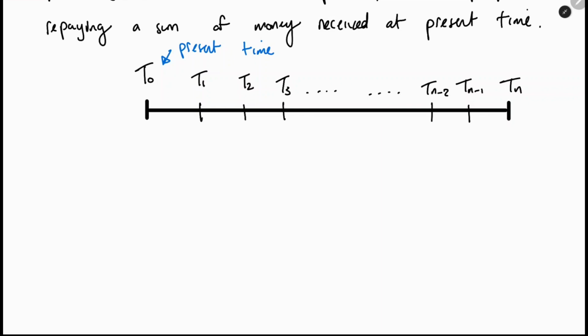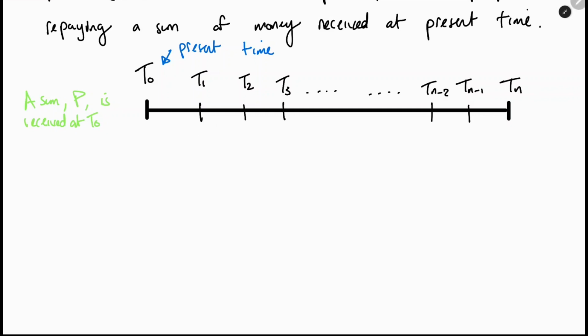So let's say at time 0 a sum of money is received, and let's call that value P. So a sum P is received at time naught.